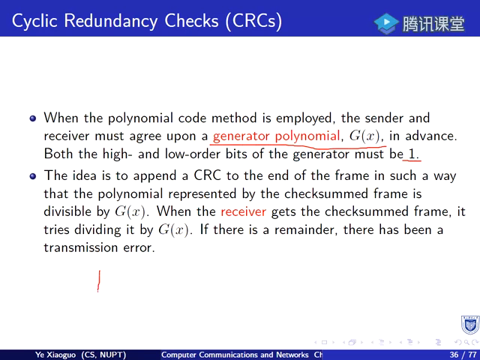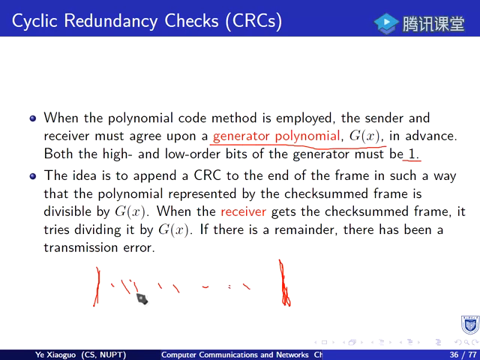That means this polynomial should be of this form, such as 10101000111. The lowest order bit must be 1, and the first is 1. So the high and low order bits must be 1.